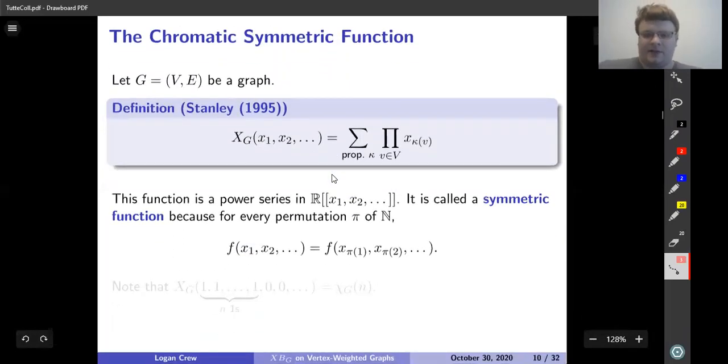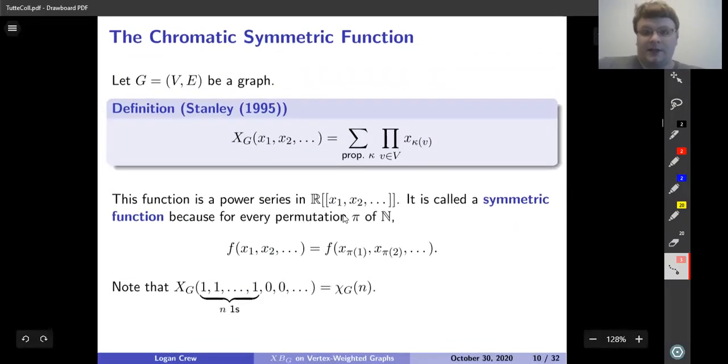Now, this function is symmetric because if you permute the indices, you're still going to get the same function. Why is this true? Because if you take a proper coloring of a graph and you permute it, it's still a proper coloring. So if I have one monomial coming out of this, that corresponded to one proper coloring, its permutation is still going to be a proper coloring that's going to give that same monomial, but with that symmetric permutation of the variables.